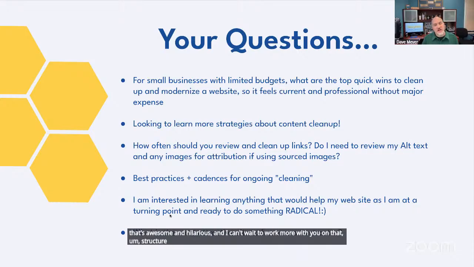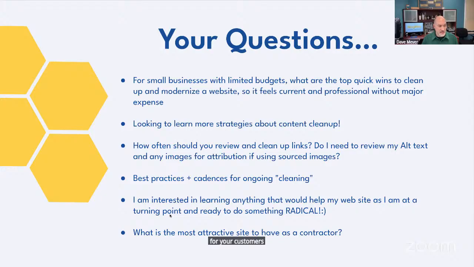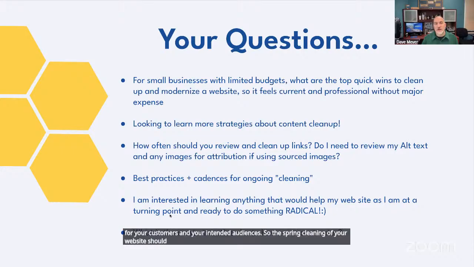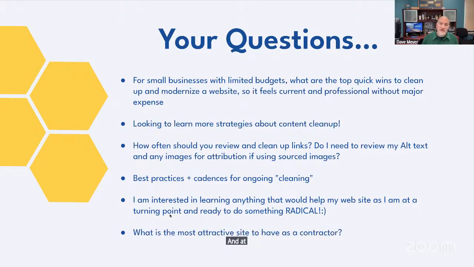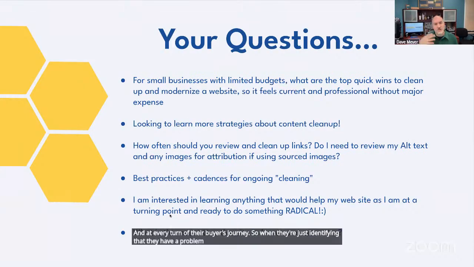But in general, what you want to focus on is usability for your customers and your intended audiences. So the spring cleaning of your website should be, what does my actual best customer want, and at every turn of their buyer's journey. So when they're just identifying that they have a problem, how am I answering and helping them clarify what that problem is?